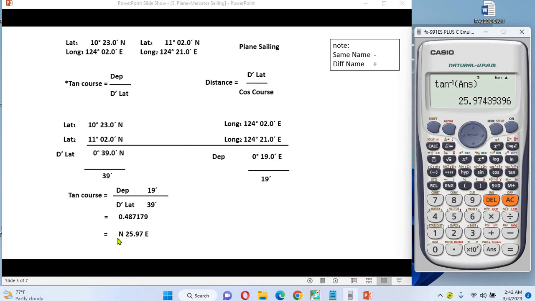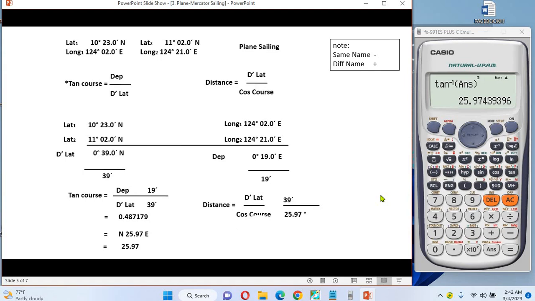Because latitude is north and longitude is east, so northeast. Now in the quadrantal azimuth, northeast is N E. So the course is 25.97. If you notice on the previous page, the answer is 25 degrees. Okay, next is distance.